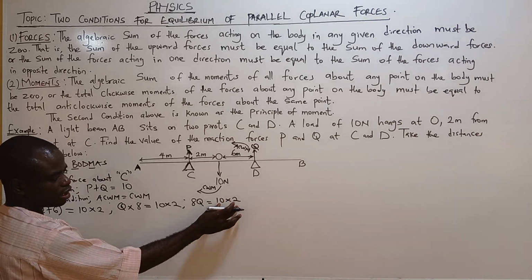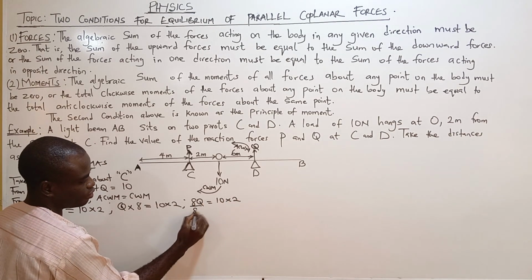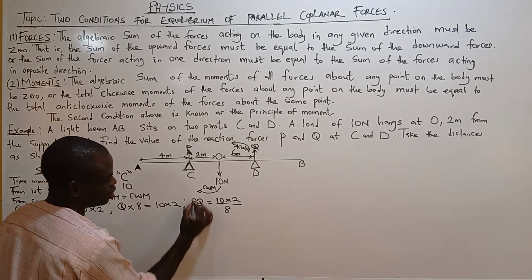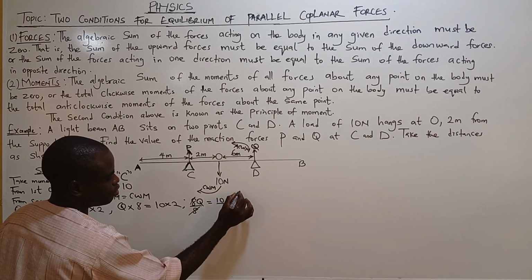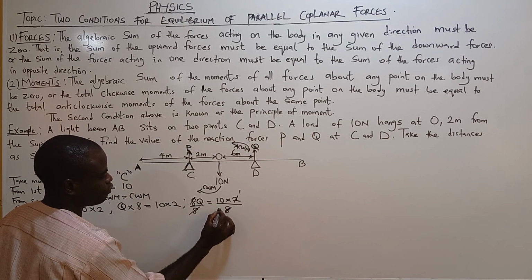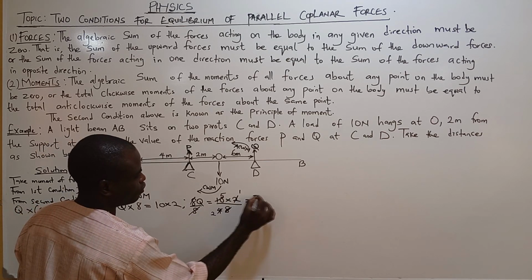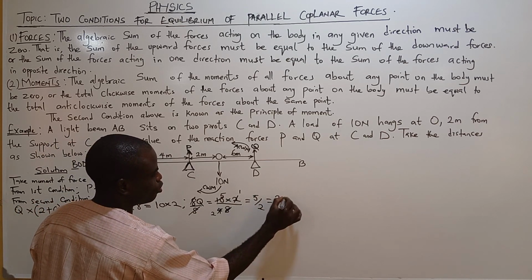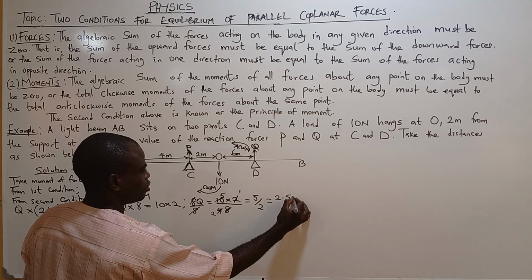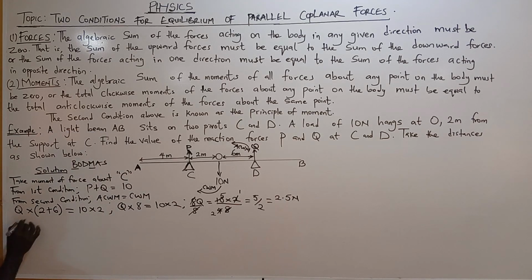I leave it like this so that it's very easy for me to divide. 8 divided by 8, 2 here 1, 2 here 4, 2 here 2, 2 here 5. 5 over 2 equals 2.5 Newton. Therefore, our Q equals 2.5 Newton.